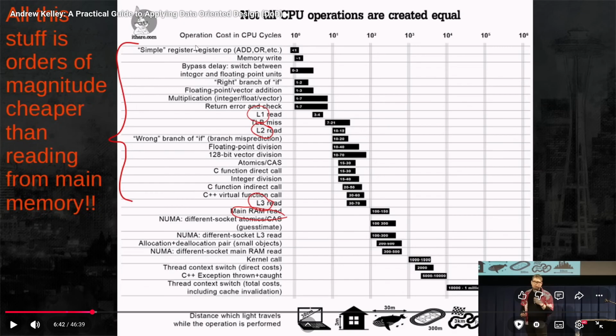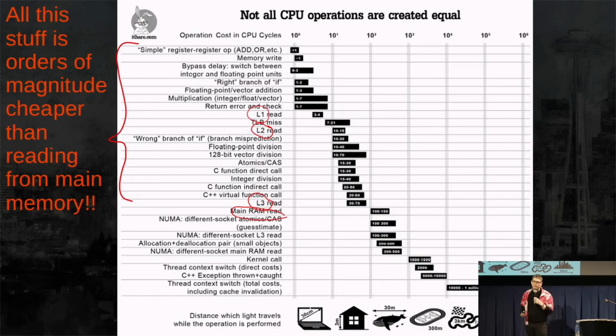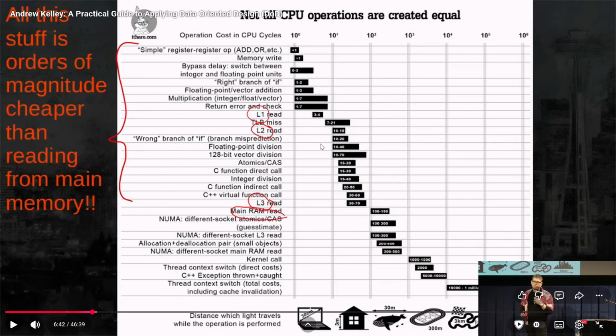That is data that is not in the registers but already present in the cache. It takes 3 to 4 cycles to read and load that data into the register.